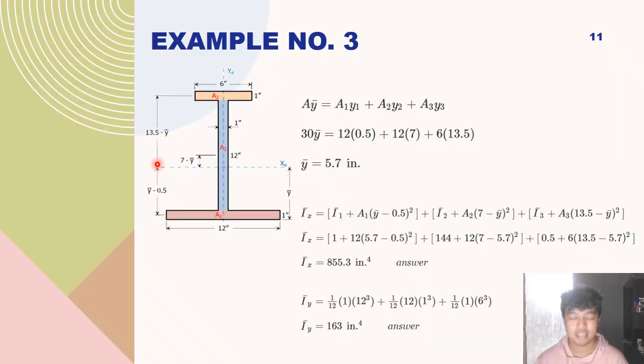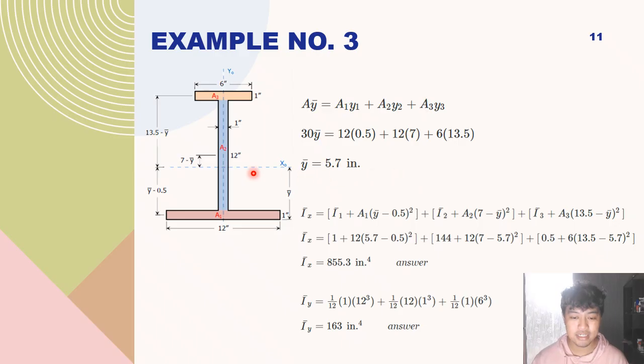So that is 5.7 minus 0.5, and then at the top we have here 13.5 minus y-bar. If you remember, what we have computed from the bottom up to that portion is 13.5. So to compute for the moment arm, or the perpendicular distance, we have here 13.5 minus 5.7.